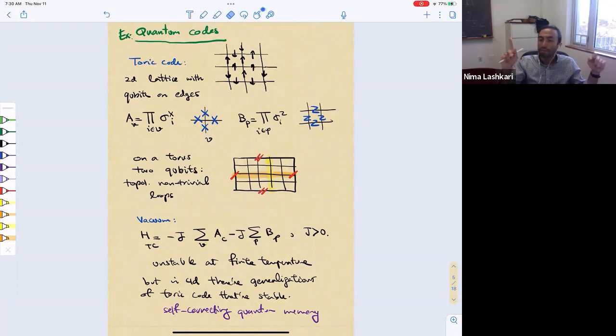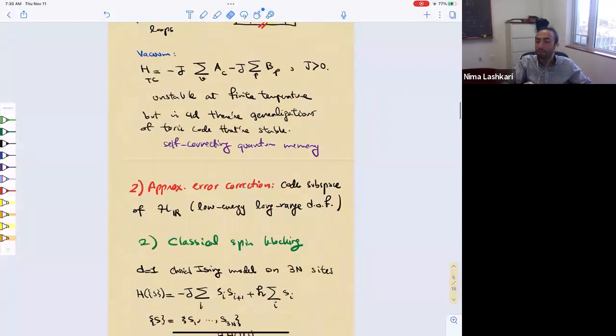It's about how large of an energy barrier you have. When we talk about self-correcting quantum memory, we usually have some standards for how large a barrier should be. But in the story of quantum memory, this is not going to be important for us, because I'm just giving an example in passing to advocate the connection.